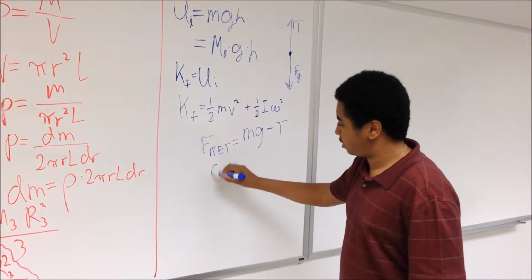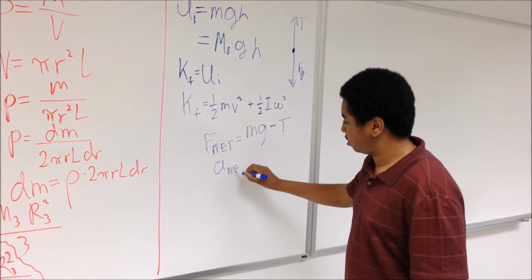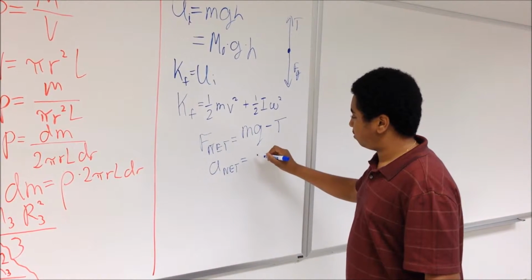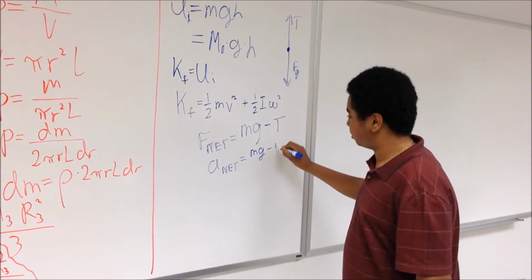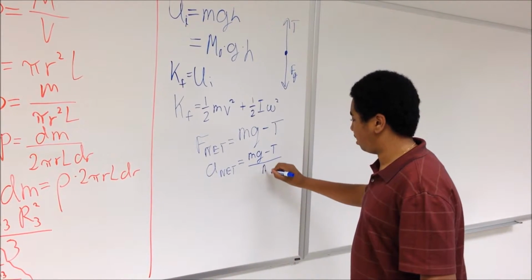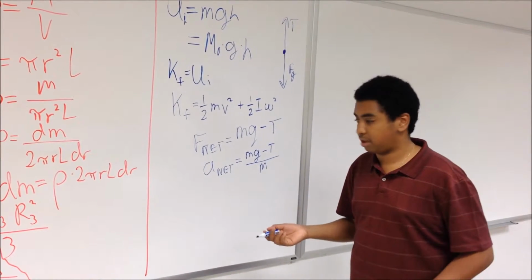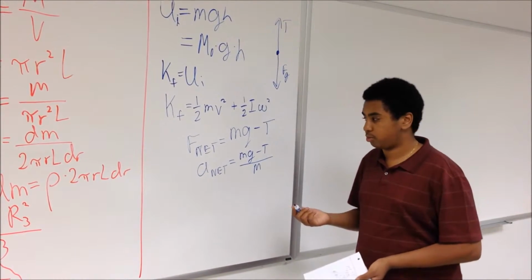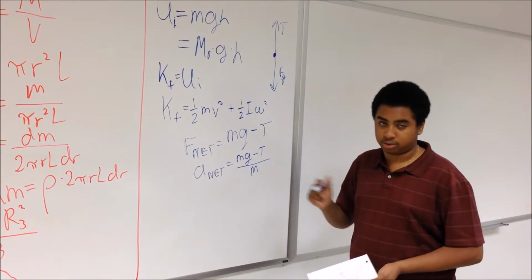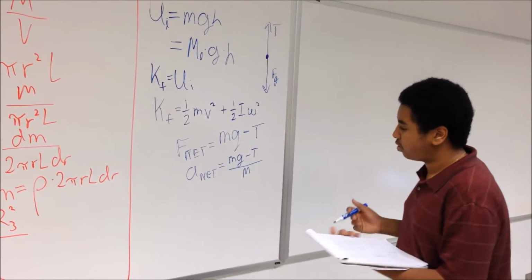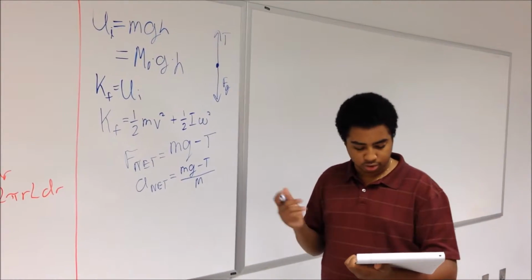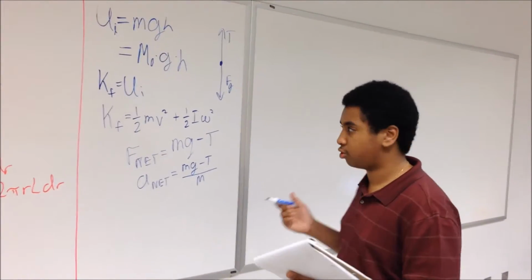So a net is going to be equal to mg minus T all over m, because force is equal to mass times acceleration, so acceleration is going to be equal to force divided by mass. So now is where it gets kind of tricky, because in order to do anything further, we have to do torque.